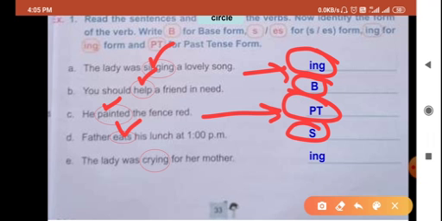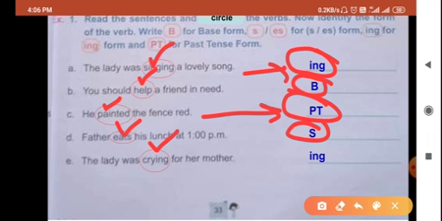And the last sentence of this exercise, students: the lady was crying for her mother. See, students, there will be no problem identifying the verb in this sentence, because you can clearly see that ing is used in the word crying.